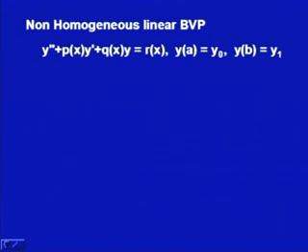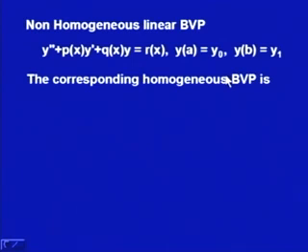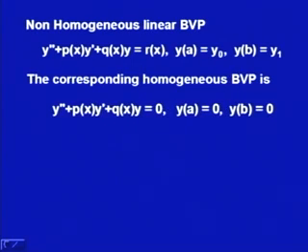So, if my non-homogeneous boundary value problem, again taking that simple example where the boundary conditions are only at 2 points, is a simple linear differential equation of the second order, non-homogeneous, with conditions y0 and y1 not necessarily 0, or rather we are taking them non-zero, then the corresponding homogeneous boundary value problem would be when r(x) is 0, that is, we have the homogeneous linear differential equation.